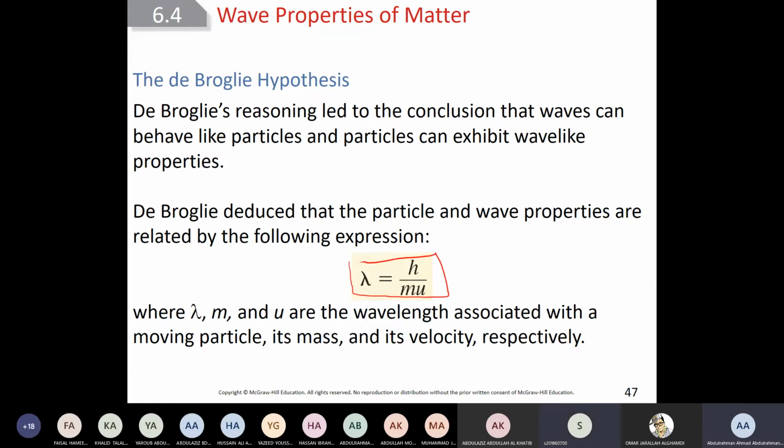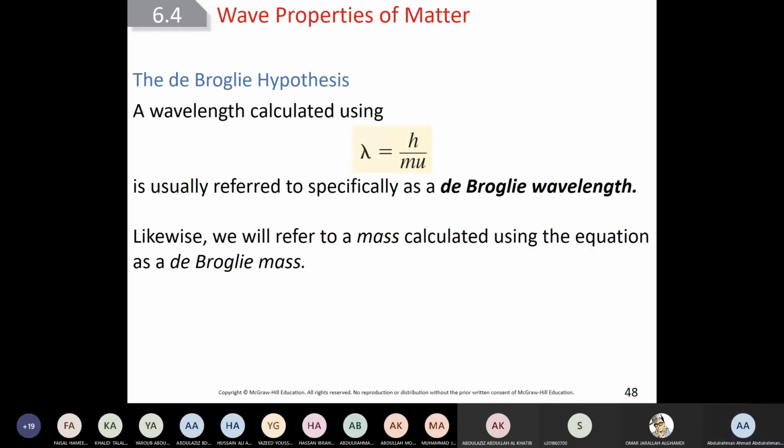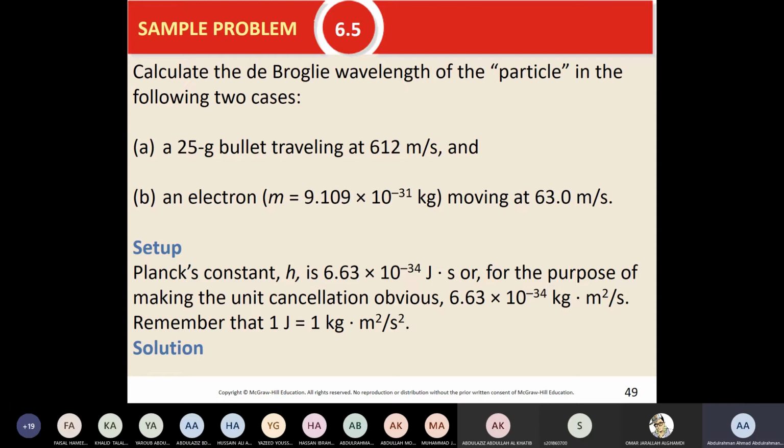De Broglie equation. What does it do? It changes particle mass to wavelength, or waves. Change mass into waves. This means, as I said, I can change you from a person to a wave. Okay, very good.